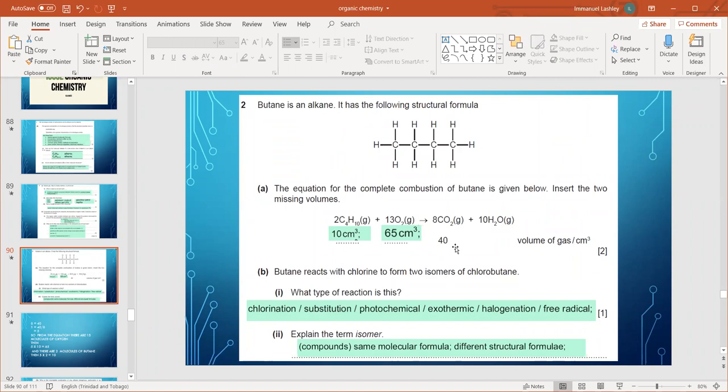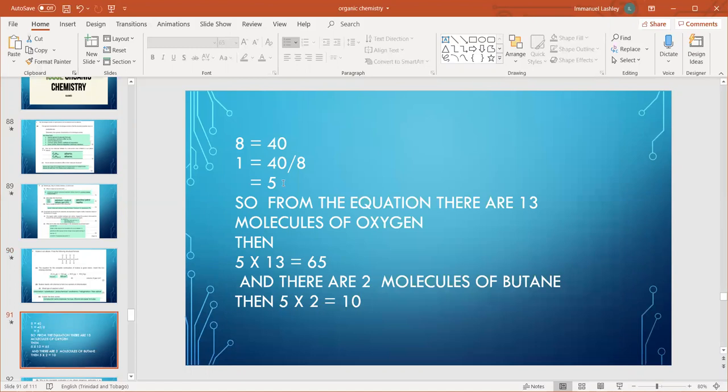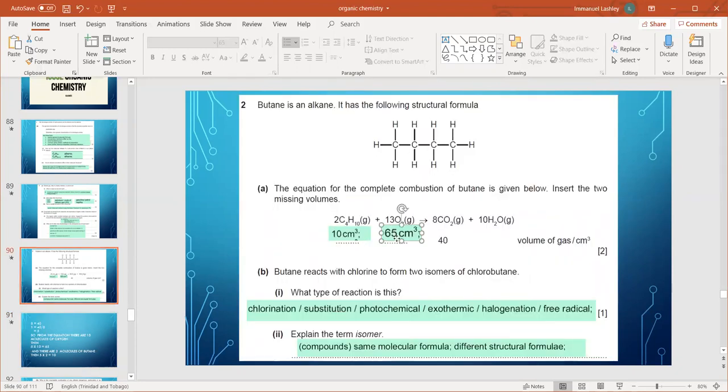Now let me show you how I came up with those values. In order, they say 8 molecules of carbon dioxide produce 40 centimeters cubed of gas. So what I did, if 8 produces 40, then I found for 1. So 40 divided by 8 gave me 5. So from the equation, there are 13 molecules of oxygen, right?